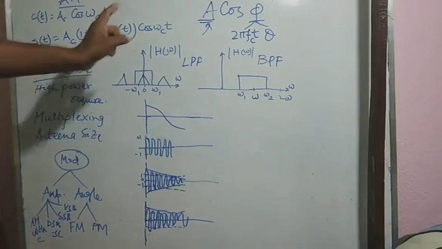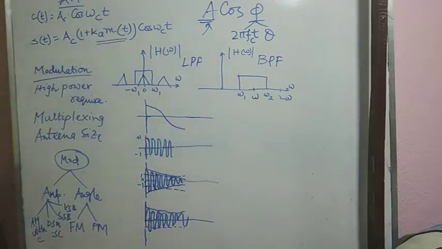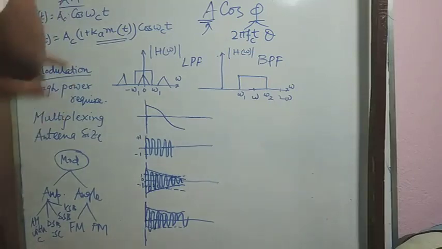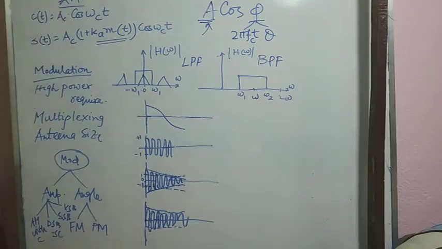Therefore, here m(t) is the message signal or baseband signal or modulating signal, and c(t) is the carrier signal, s(t) is the modulated signal.